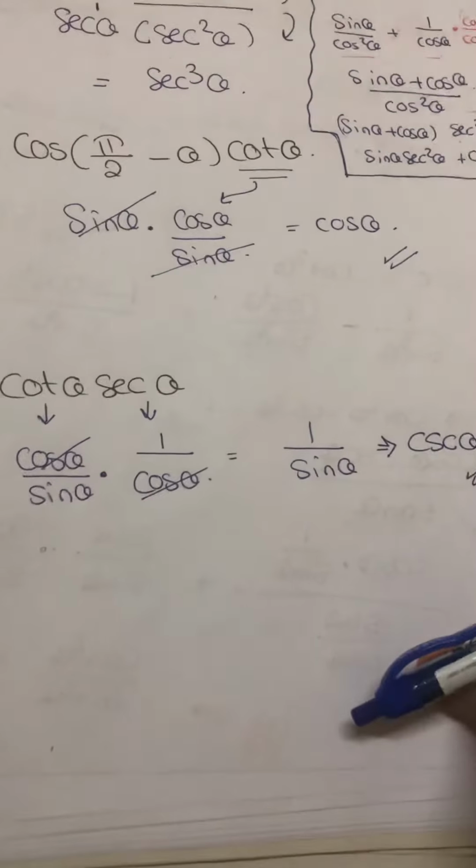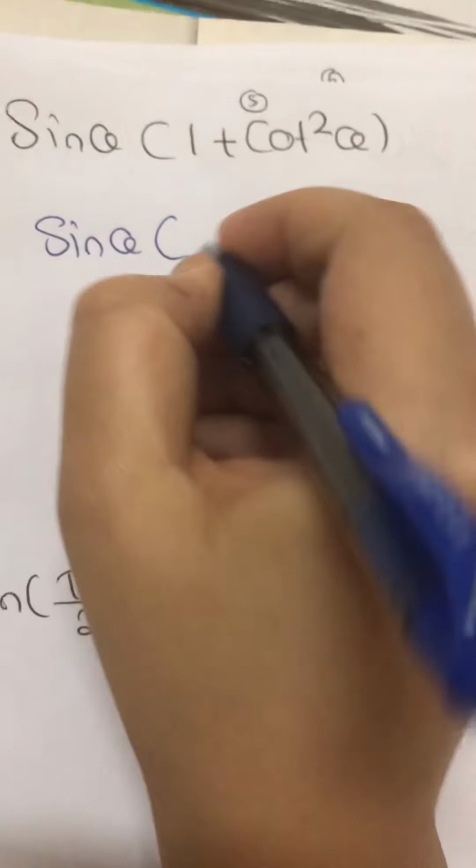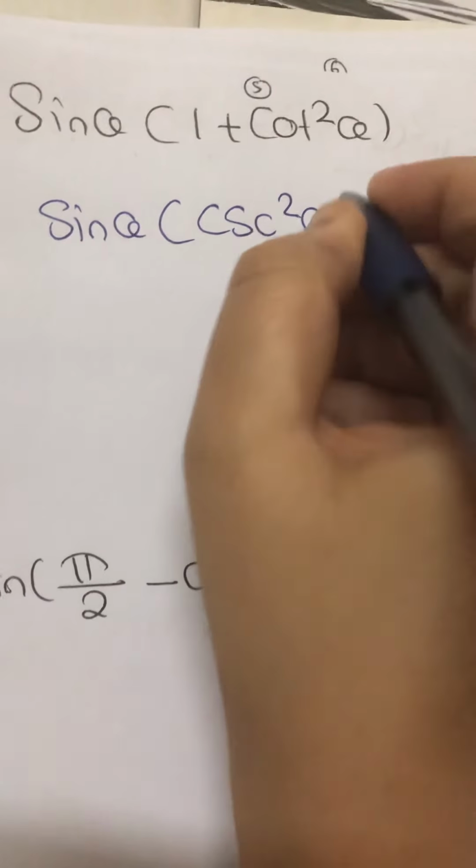Okay, before I start distributing and giving myself a hard time, I would think of 1 plus cotan squared theta. Does it remind you of the Pythagorean identities? Yes, it does. Cotan squared theta plus 1 is equal to cosec squared theta. You can make it easy for yourself, you can make it hard for yourself. Cosec squared theta.